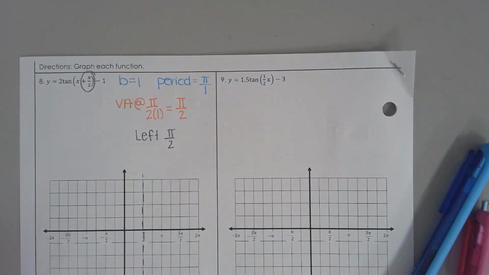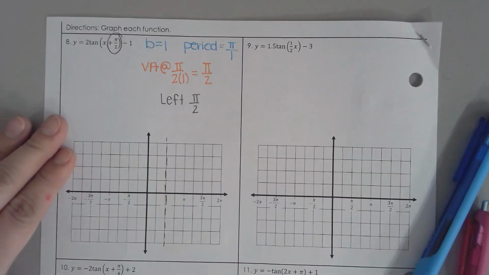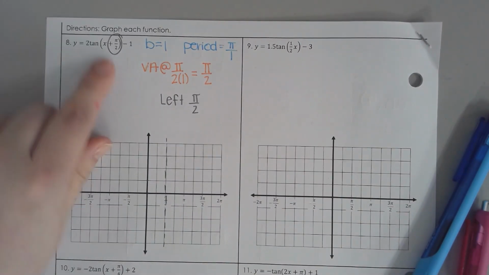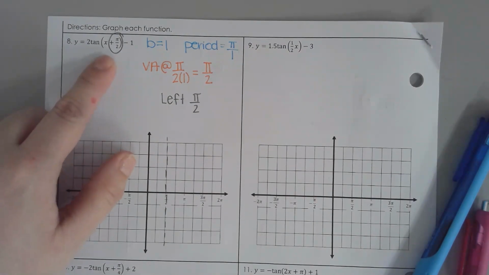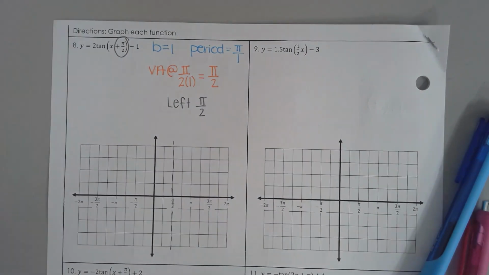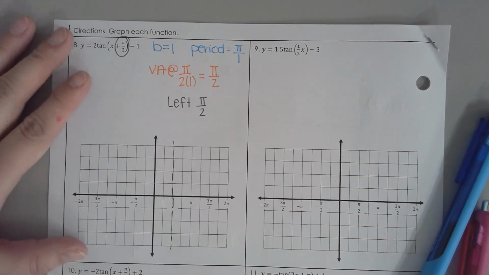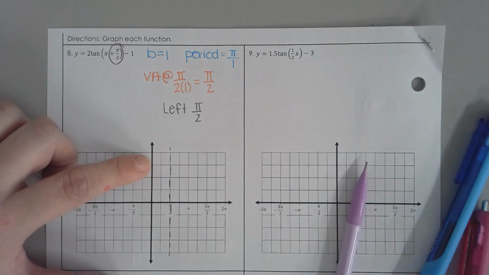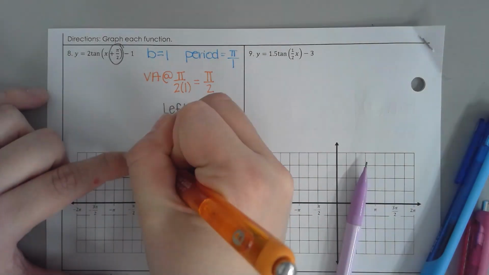That phase shift is pi over 2. So it's going to move left, it does the opposite. It's going to move left pi over 2. And how many blocks is pi over 2? 2 blocks. So this one right here is going to move over 2 blocks, to right here.